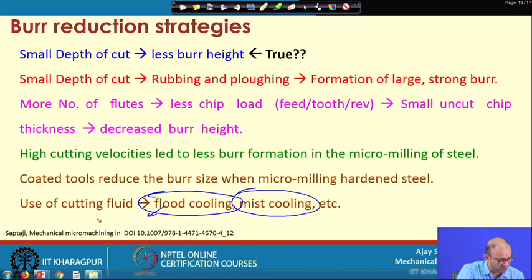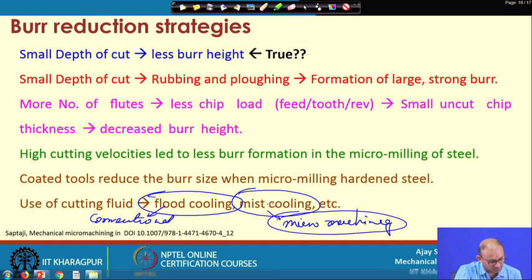Flood cooling we mostly use in conventional machining, and mist cooling we mostly use in micro machining, because there are reasons. In flood cooling, the amount of coolant you use is extremely high, and many times the diameter of the cutting tool is also very small in micro machining, and because of that sometimes you may get some type of problem if you use flood cooling.